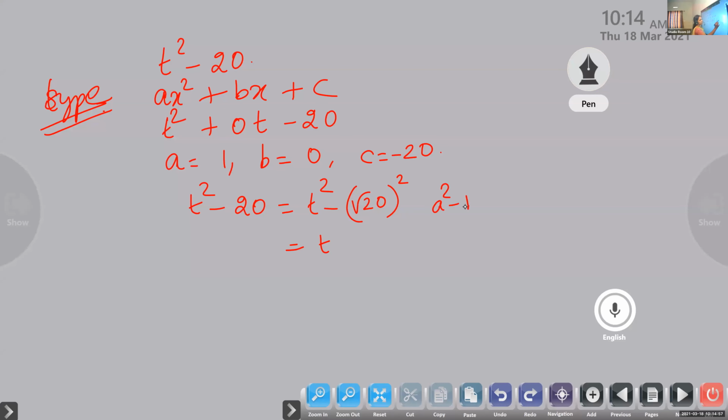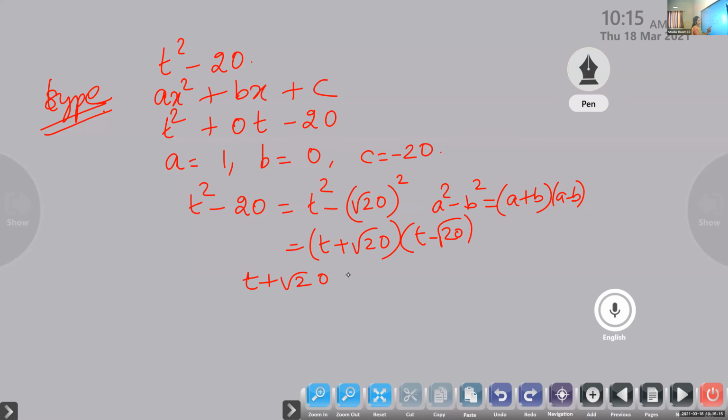So a square minus b square takes the form a plus b into a minus b. If it is t square minus root 20 the whole square, we can write this as t plus root 20 into t minus root 20. Now equate each factor to 0. T plus root 20 is 0, so t is equal to minus root 20.